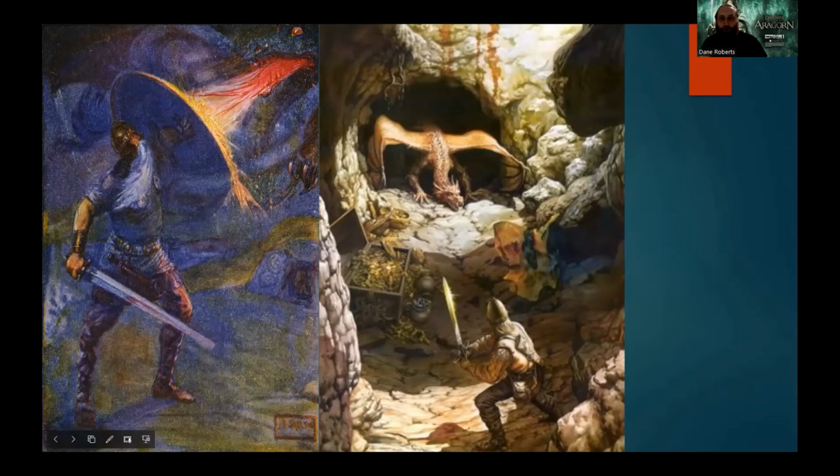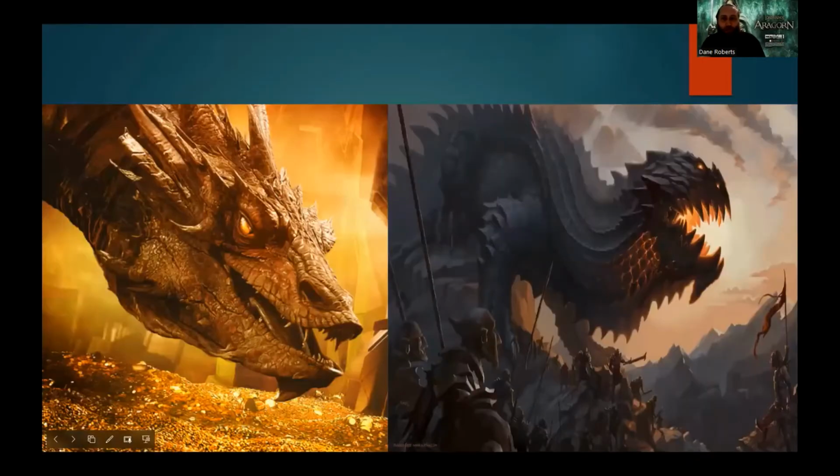So how did Tolkien adapt these dragon slaying stories? Well, one, Bard, being inspired by Beowulf, slays the dragon Smaug, and is part of a similar motif of Beowulf being granted the throne after slaying Grendel and Grendel's mother, and then winning some battles.